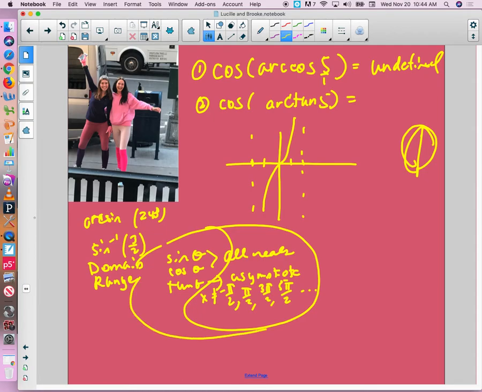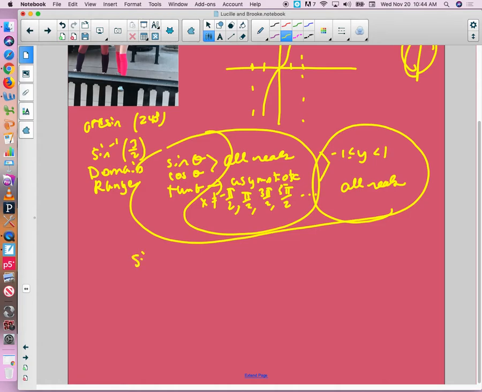The range of sine and cosine is your y values between -1 and 1. For tangent, it's all reals. And I'm just going to draw a picture. What's the domain of arc sine and arc tangent? You're only allowed to look where?